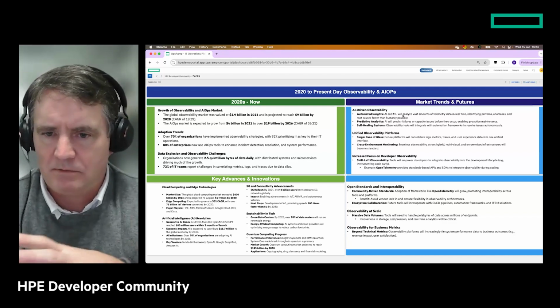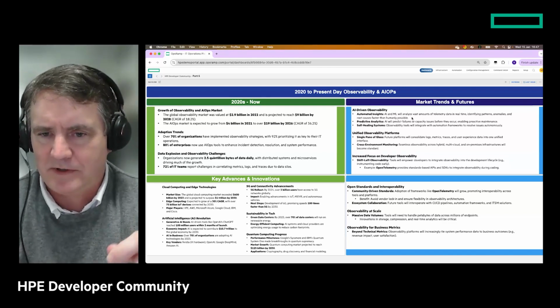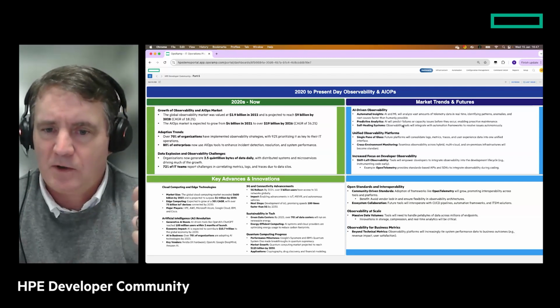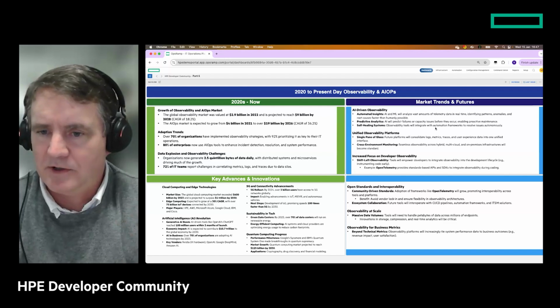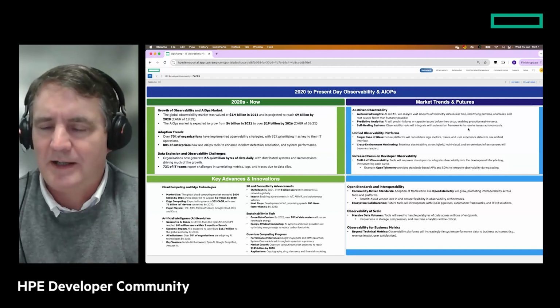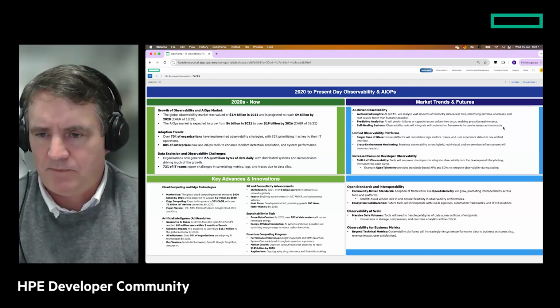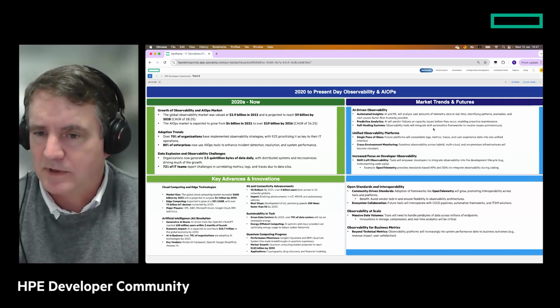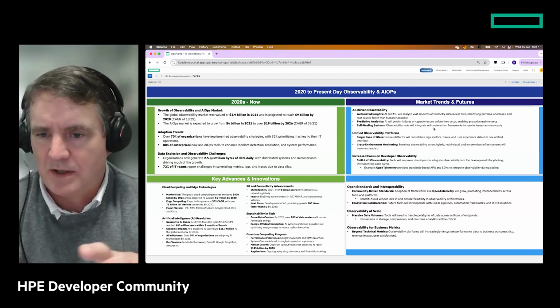Predictive analytics, using AI to predict failures. We are able to offer that today. Self-healing systems, integrating with automation frameworks. Again, this is available to you today. So a lot of the tools that I'm personally familiar with that customers use are tools like Ansible, Terraform, and other infrastructure as code tools.